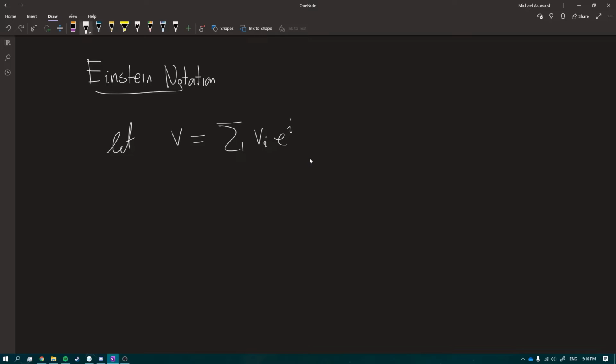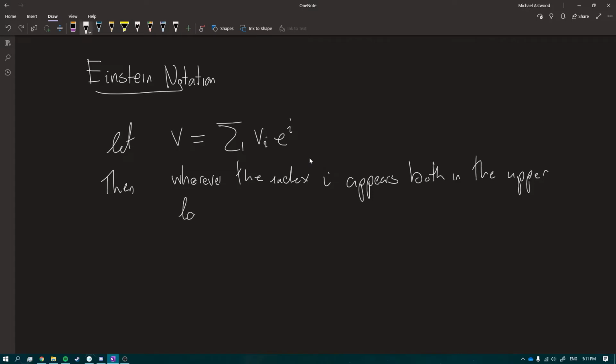Then wherever the index i appears both in the upper location and the lower location, we ignore the sum symbol.